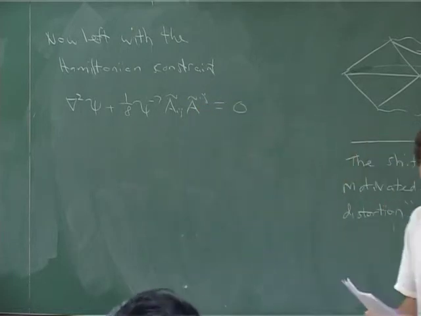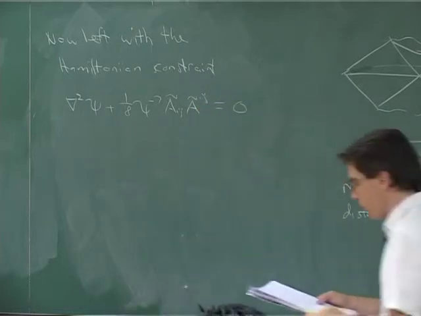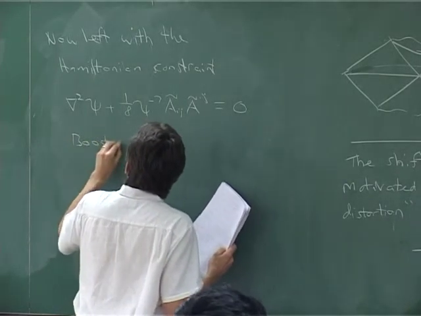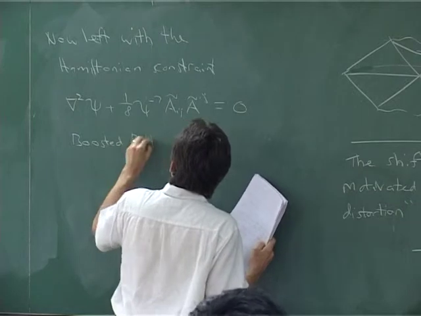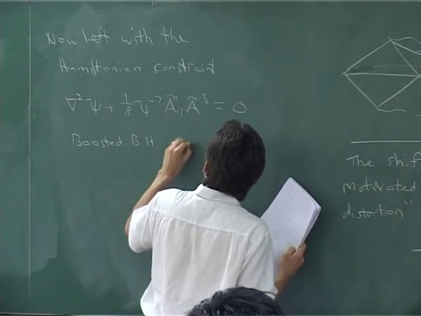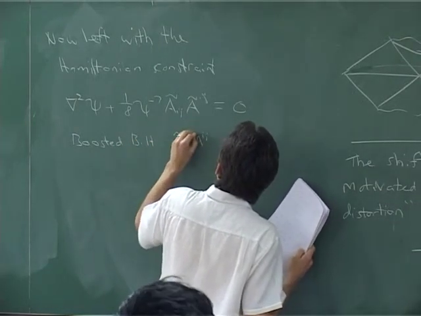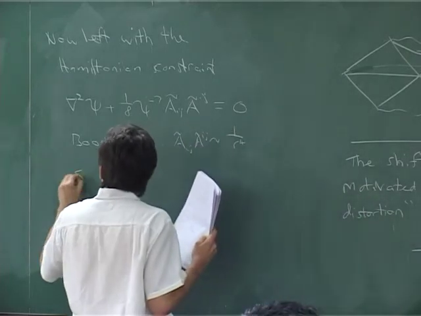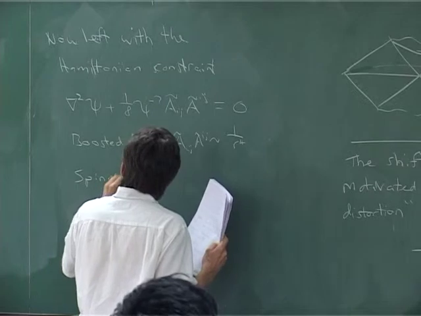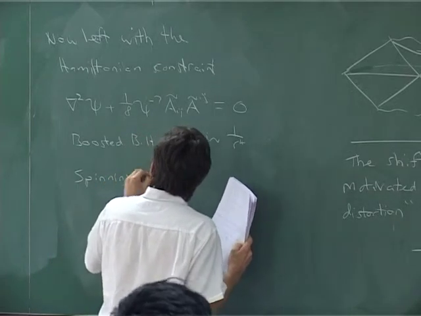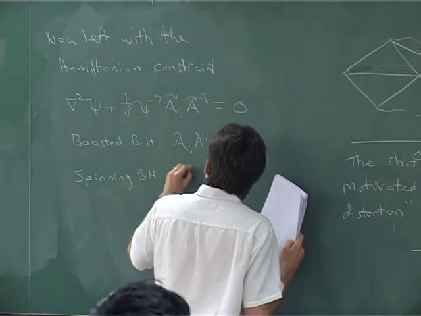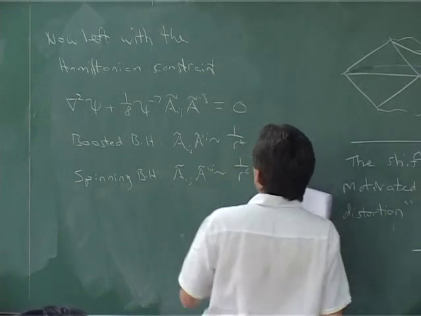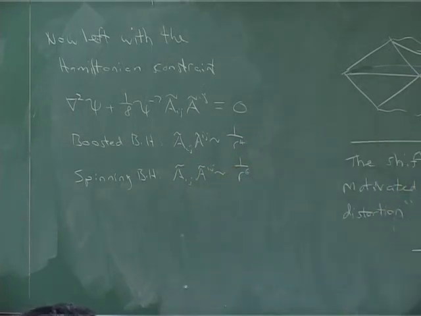And then we must solve this thing. And for a boosted black hole, this term goes as 1 over r to the 4. And for a spinning black hole, it goes as 1 over r to the 6th. Okay? All right.